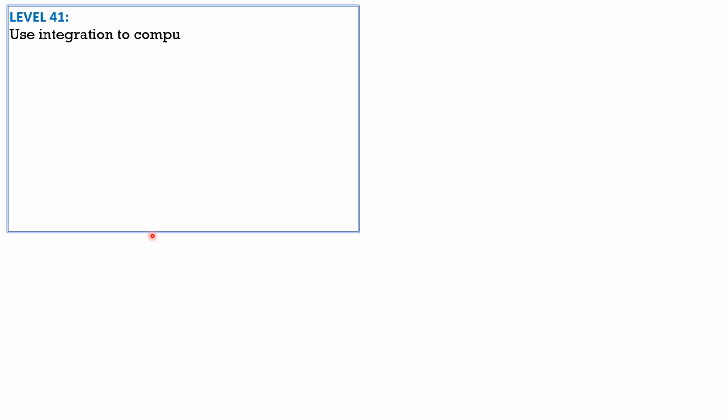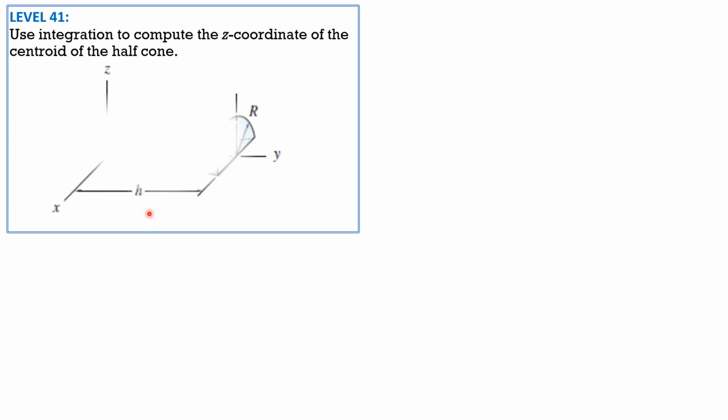Level 41. Use integration to compute the z-coordinate of the centroid of the half cone. So here's the figure, and let's have our slab parallel to this semicircular end area or region as shown in the figure. The distance of the plane of this semicircular disc is y from the xz plane, and the thickness is dy.